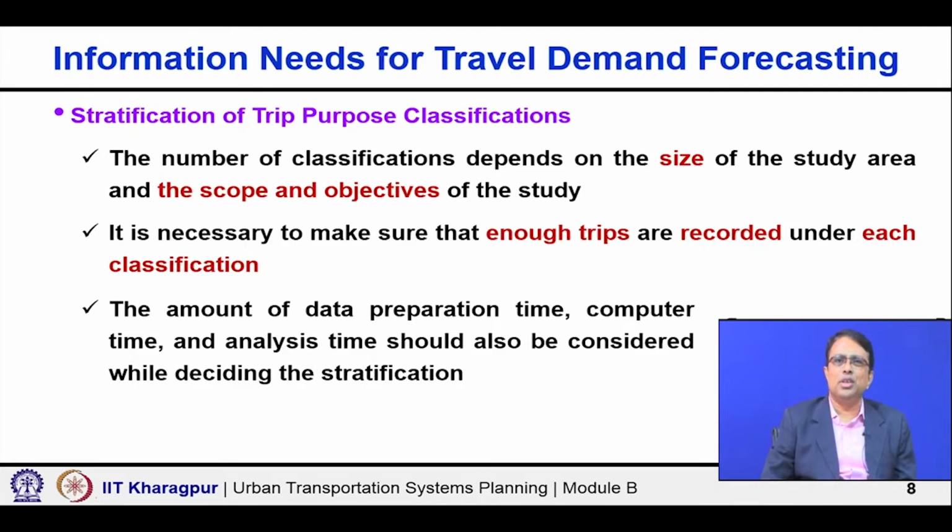All such things should be duly considered and the implications known before you do it. So, it is basically the context, the need and how much resource is available. If I am classifying the trips in 5 different ways, then for each classification I need adequate data to use that trip classification successfully in the subsequent analysis.